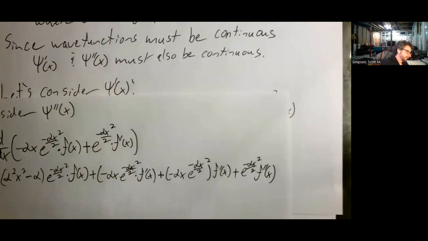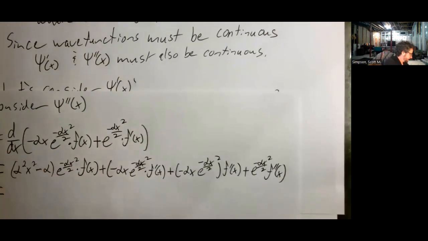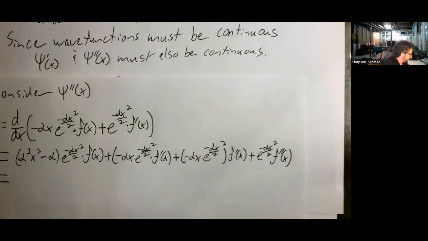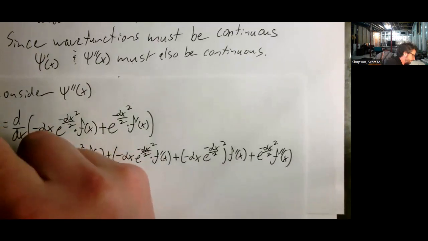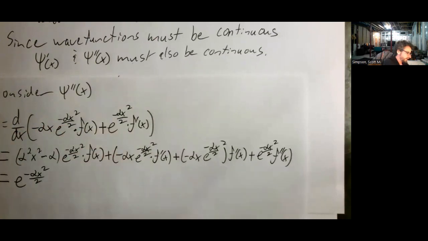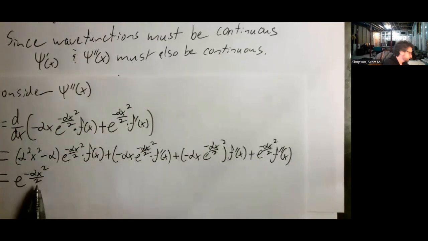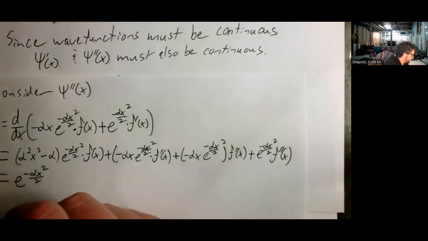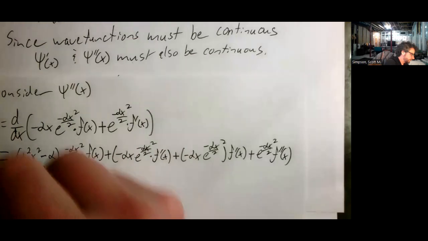Ugh, that looks ugly. Well, if you rearrange this and do some massaging, you can pull out an e to the alpha x squared over 2 out of some of these functions and leave everything else alone.